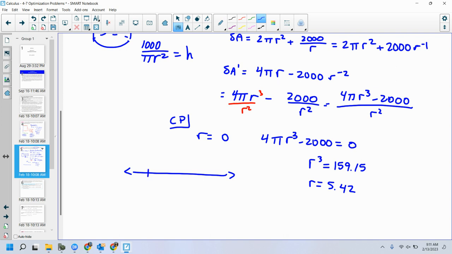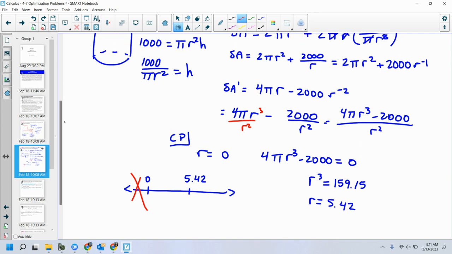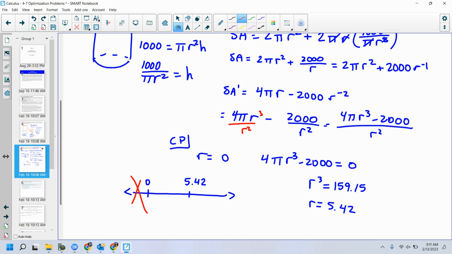All right, so r equals 0 and r equals 5.42. Now, do I care about what's happening to the left of 0? No, it's not within my domain. So let's see what's going on here and here. Let's plug in 1 to my derivative. If I plugged in 1, this would get me 4 pi minus 2,000, so negative, divided by a positive, so negative.